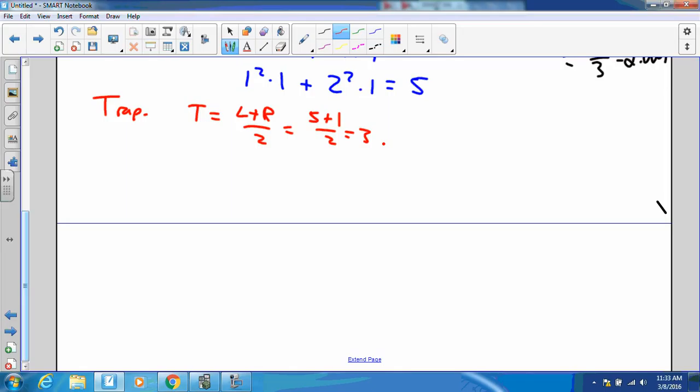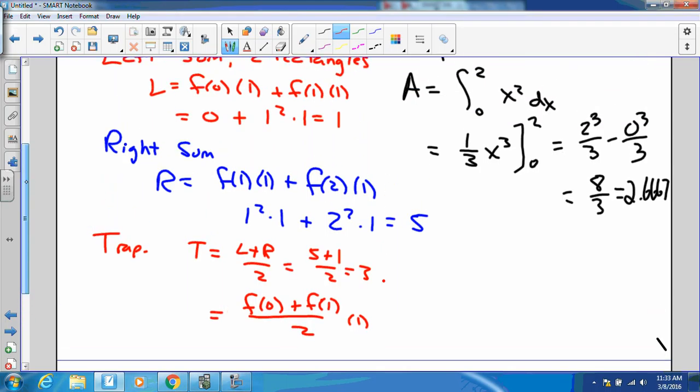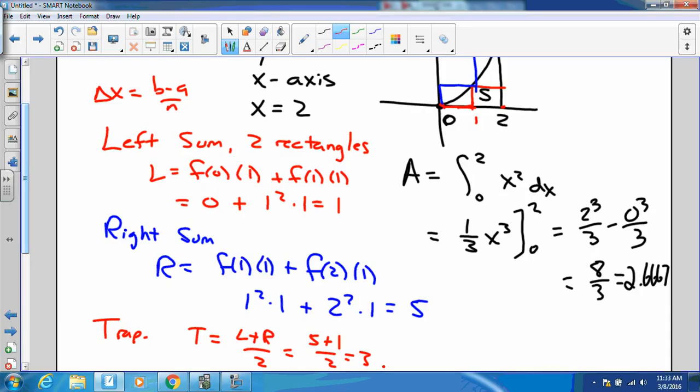Okay. Well, what if instead I had not already computed it? Then I would do it like this. I would start at my first delta x, and I would average the left and right heights right here to get the area of that trapezoid. f of 0 plus f of 1 over 2, average height, times the width, which is 1.